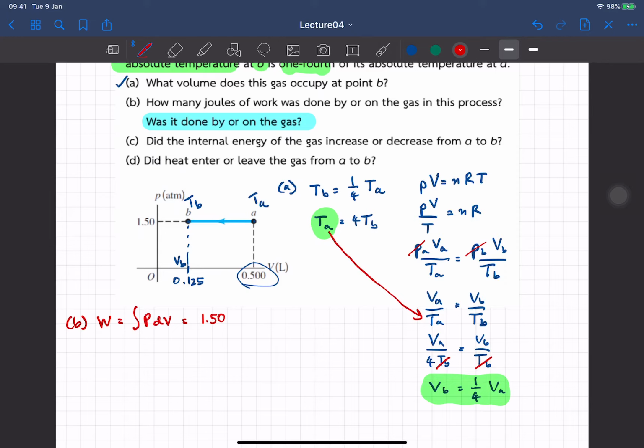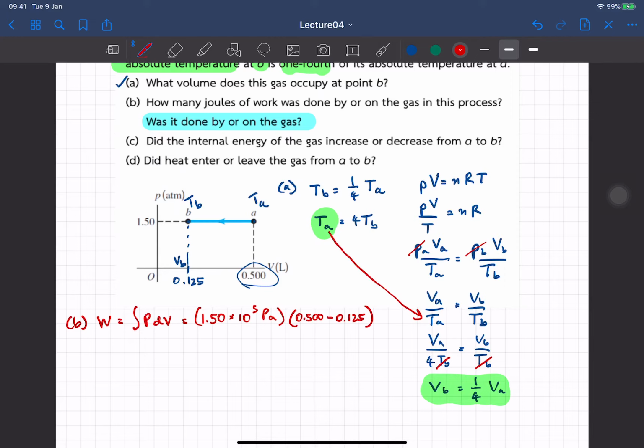You need to change this to Pascal, so you need to multiply by roughly 10 to the 5 Pascal. So this is our pressure. And then times the base, which is 0.5 minus 0.125 liter here, right?